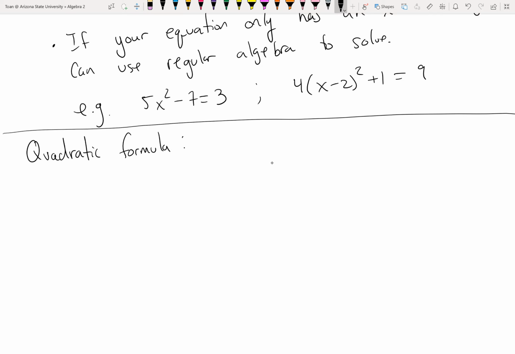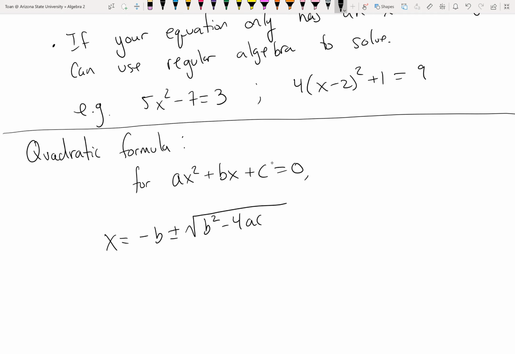The quadratic formula says this: for any quadratic that's in standard form and it equals 0, the solutions x will always equal opposite b plus or minus the square root b squared minus 4ac all over 2a, where a, b, and c are the coefficients and constants of your equation.